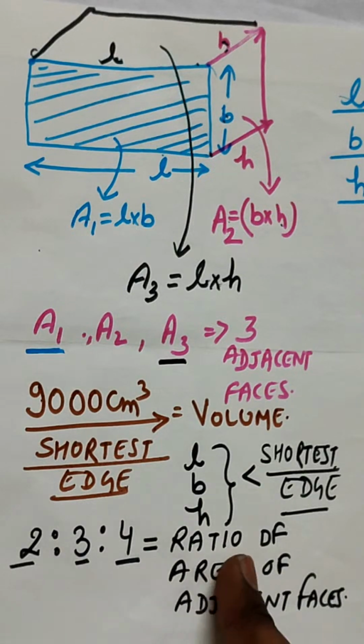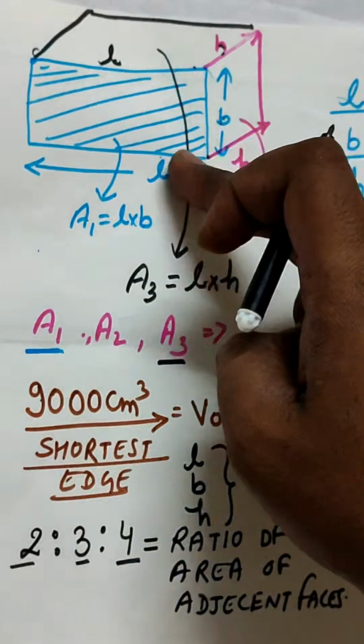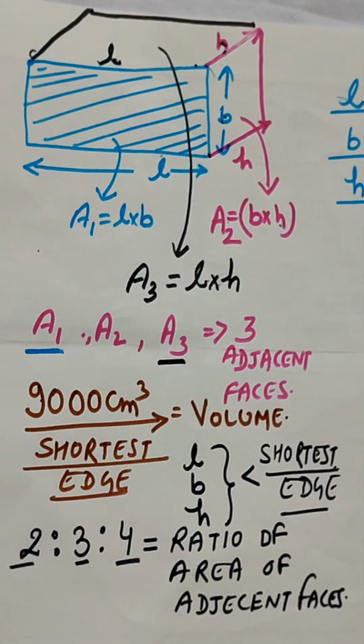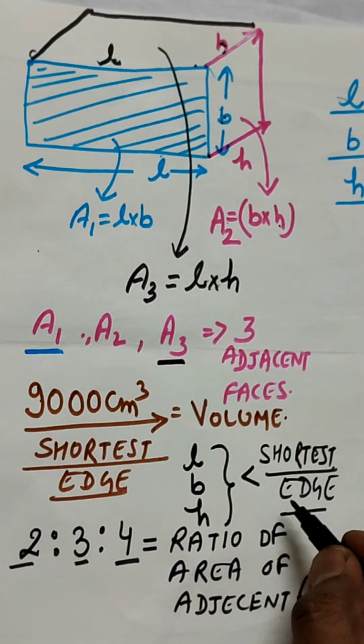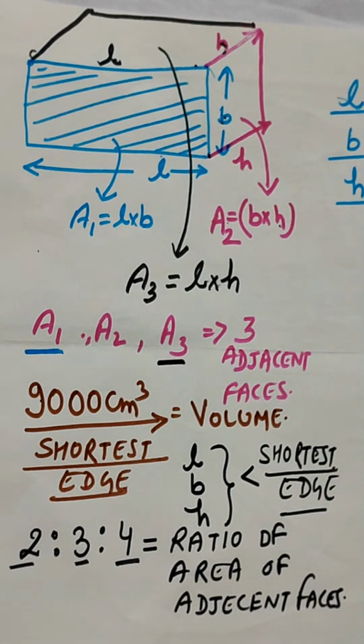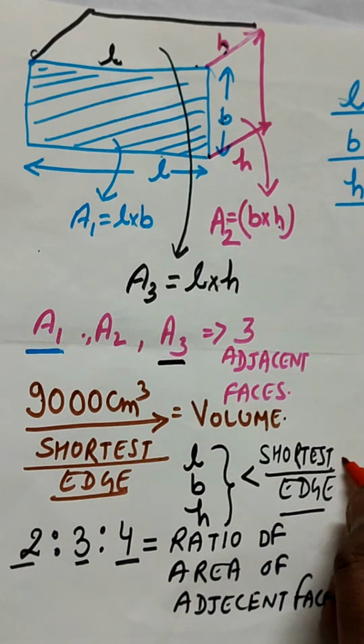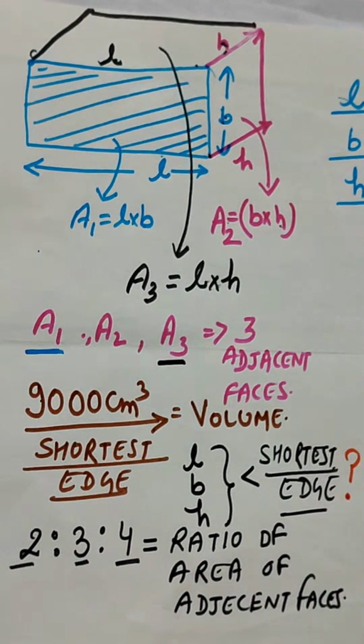This is the ratio of the areas of the adjacent faces, 2 is to 3 is to 4. Now we need to find the shortest edge.